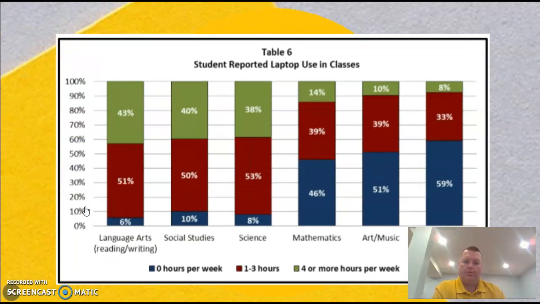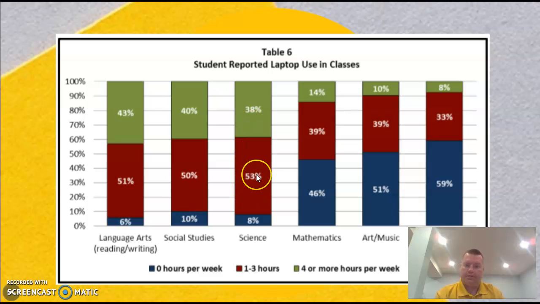This was a chart from 2010 where students indicated how much they use their laptop in each of the following subject areas. And as we can see, a lot of students, 51% for language arts, use it more than 1 to 3 hours. 43% said more than 4 hours per week.